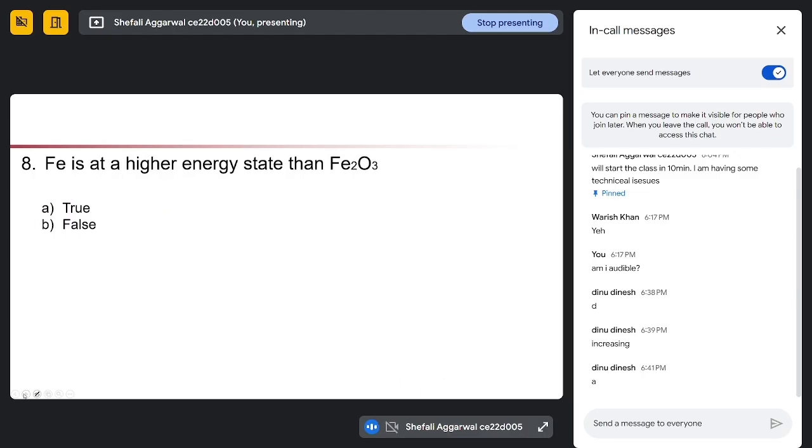Okay, so the next question is, iron is at a higher energy state than iron oxide. True or false? Yes.